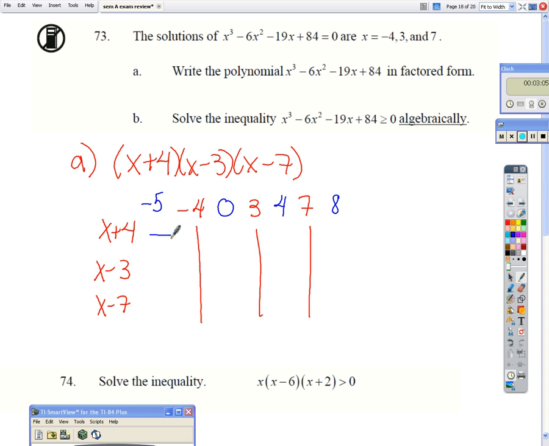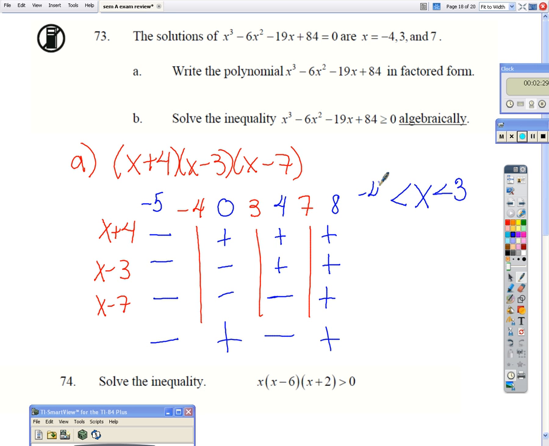Plugging in negative 5, I get a negative, and a negative. I plug in 0. I plug in 4 and 8. So we want, two negatives times a negative is another negative. This will be positive, this will be negative, and this will be positive. So when we're greater than or equal to 0, that happens between 3 and negative 4, and also when x is greater than 7.